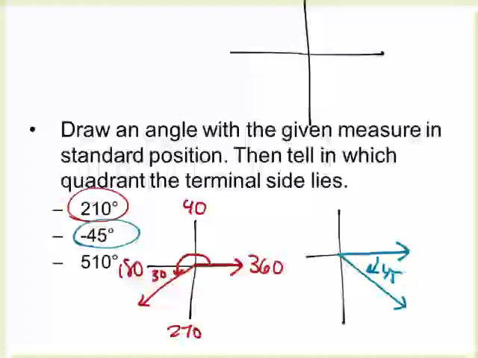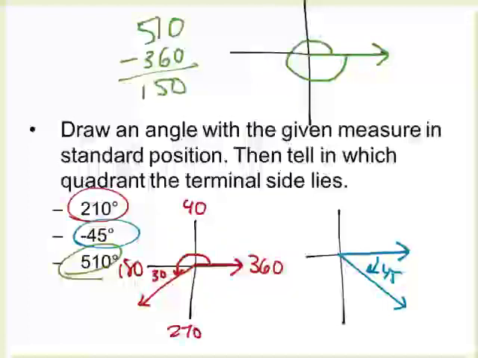For 510, we have more than one full circle, right? How big is a full circle? 360. So what I'm going to do is still begin in the same place, and I'm going to go around 360 degrees with a spiral. And then how do I figure out how much more I need to do? Subtract. 510 minus 360 leaves 150 degrees.